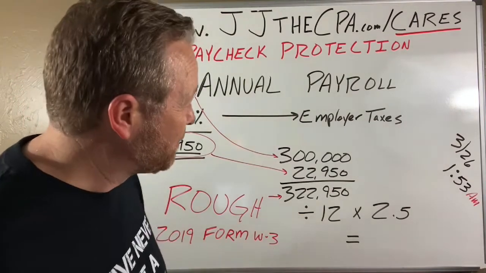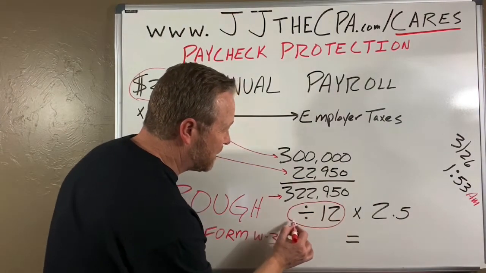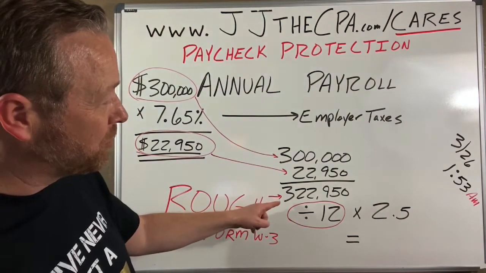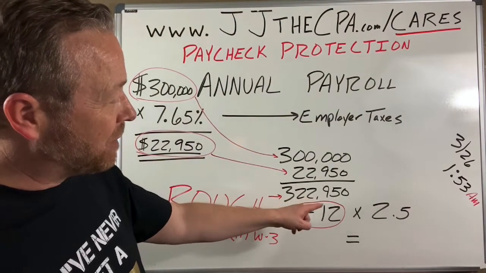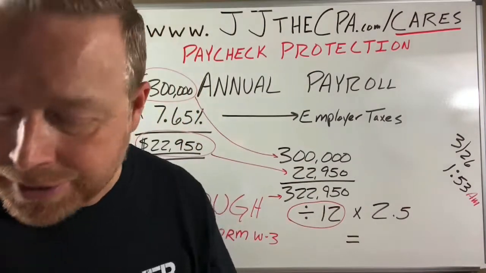We're going to take that and divide it by 12 so that we have a monthly average. So $322,950 divided by 12. Where's my assistant?